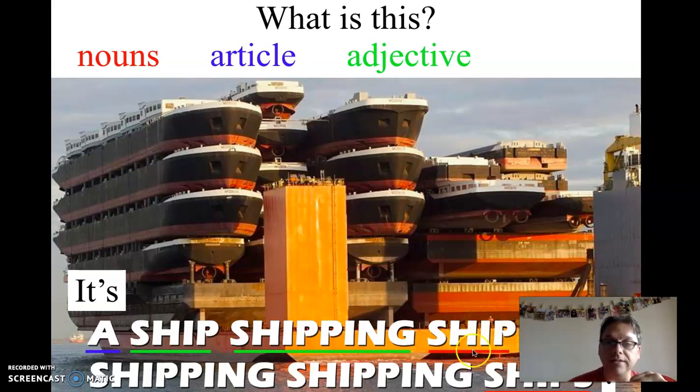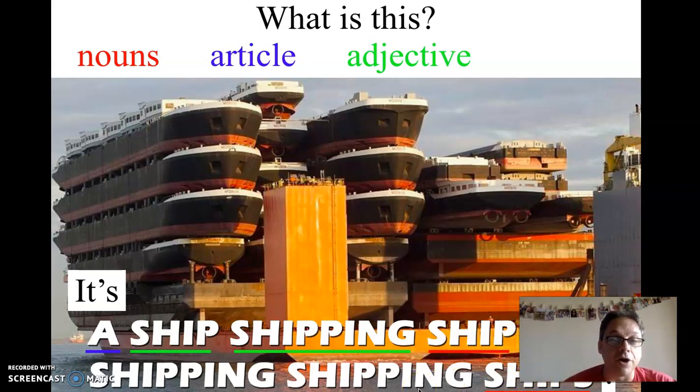Okay. This is a ship, that ships, that transports other ships. So use that word, transport. This is a ship that transports other ships. A ship transporting ship, we could say. Now we have another adjective. Look down here. Again, we have the plural noun, ships.